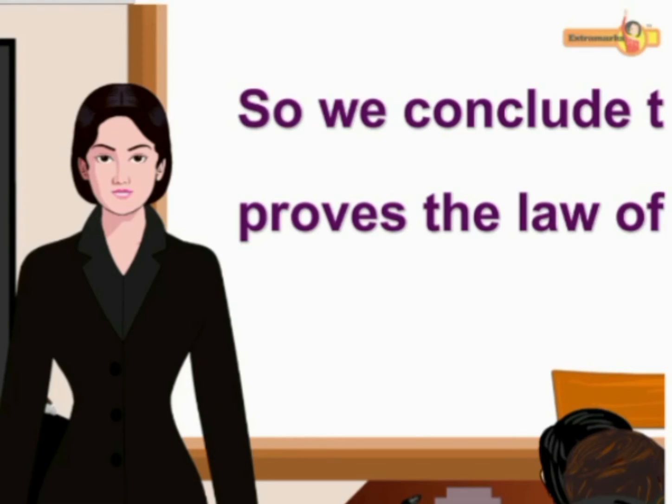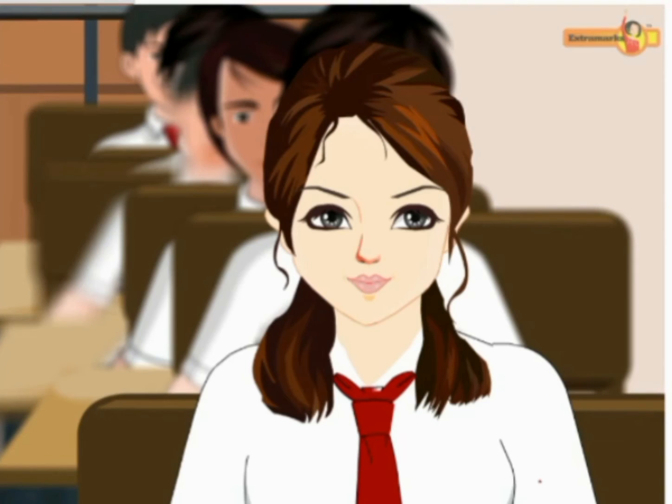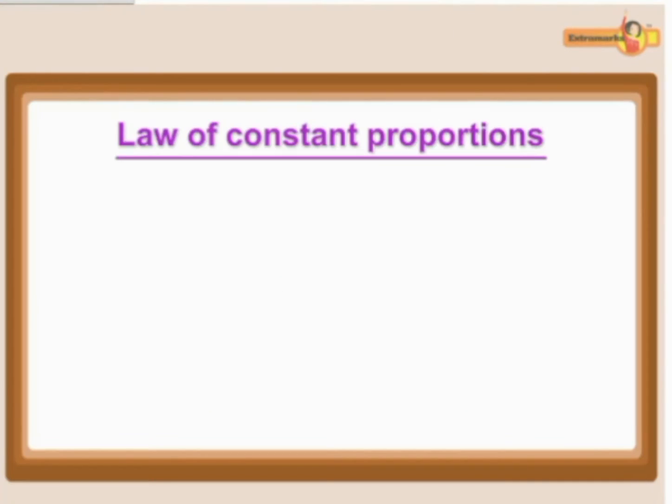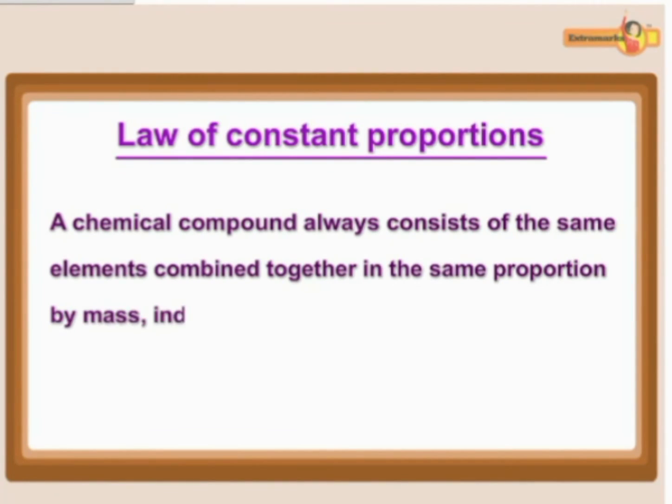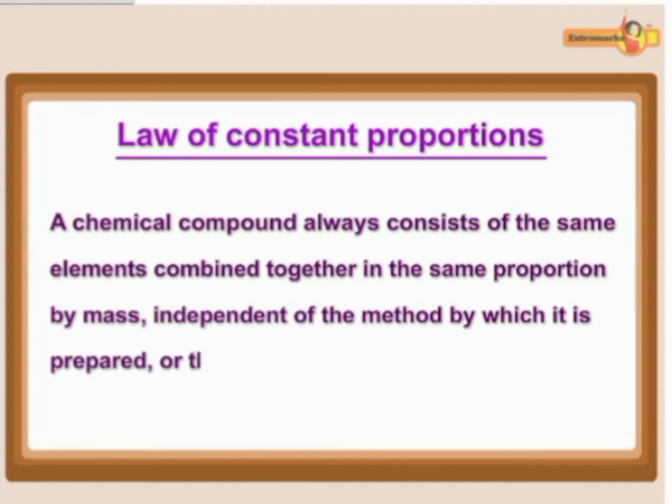Now Lisa will repeat the law and the class will listen to her carefully. A chemical compound always consists of the same elements combined together in the same proportion by mass, independent of the method by which it is prepared or the source from which it is obtained.